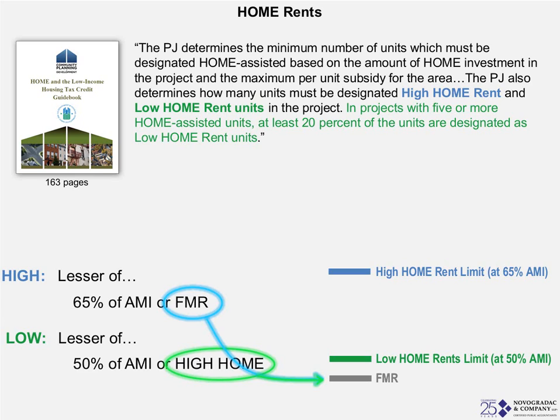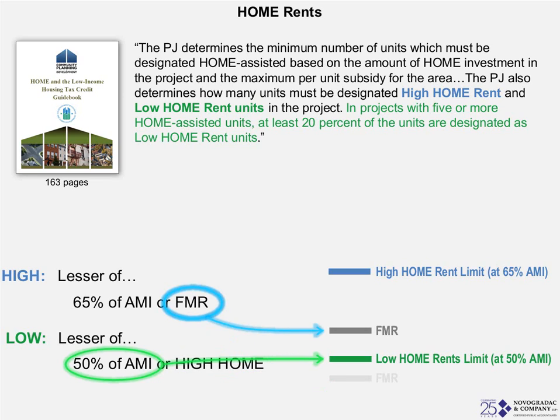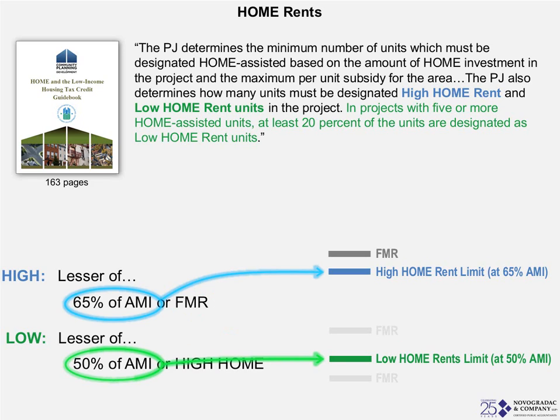Now, if FMR is up here, that would make our High able to use FMR and our Low going to the 50% of AMI. If FMR is up here, then for High, the lesser of those two would be the 65% of AMI. That's what it would be based on.